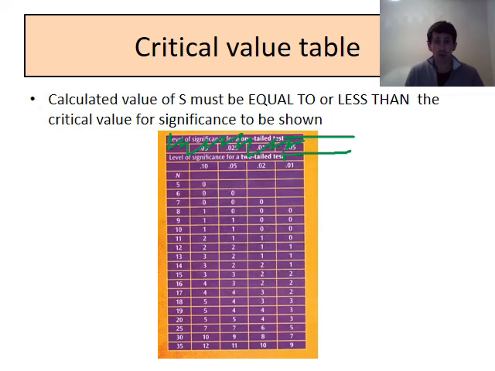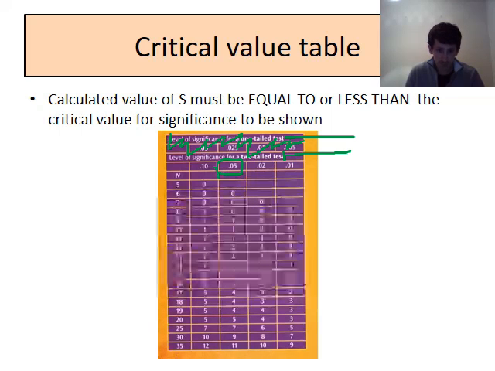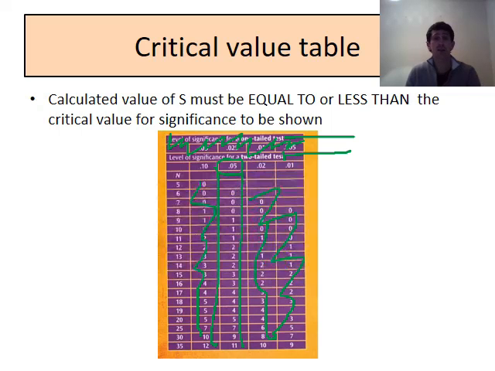We also know that we're using P equals 0.05, so we're using that column here. We are only interested in the data in this particular column. You can ignore this first column here. We're only interested in the P is 0.05 column.